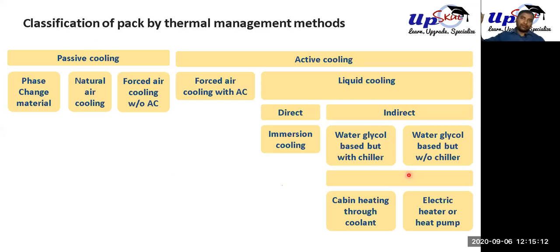It took some of the hot coolant from the engine and used it to heat up the cabin. But now we don't have any kind of engine, so we have only two options. One is to take a connection from either the battery or the motor. Or the other one is to use a separate electric heater or heat pump. So electric heater is comparatively inefficient, but they are very lightweight, and heat pump is comparatively efficient.